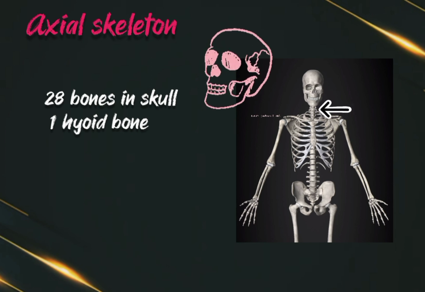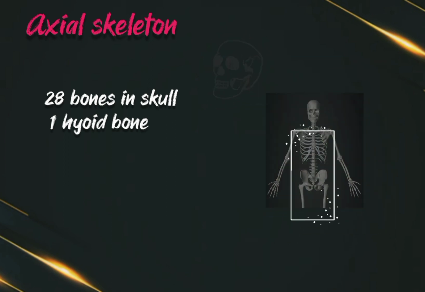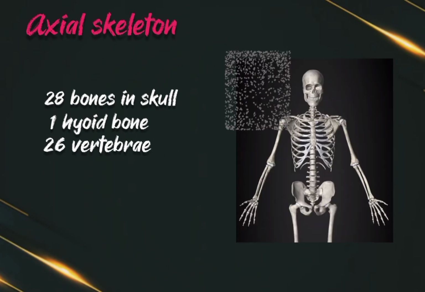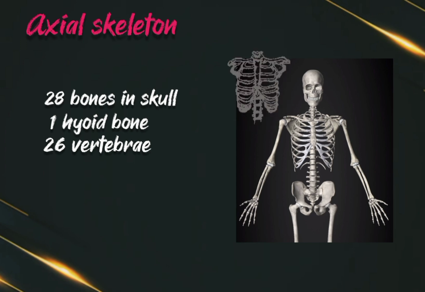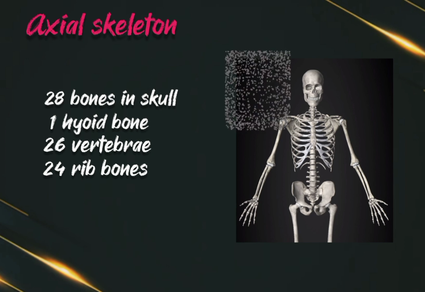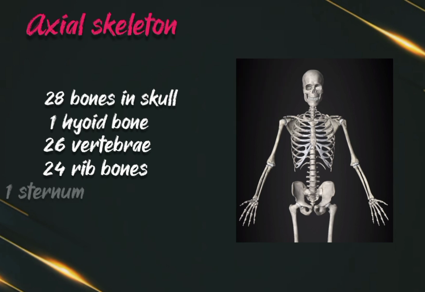You will also find the vertebral column, which is composed of 26 vertebrae in total. On the lateral side of the trunk is the rib cage, which includes 24 bones and protects the vital organs, the heart and the lungs. And lastly there is the sternum, on the anterior aspect of the trunk, which is also part of the axial skeleton.